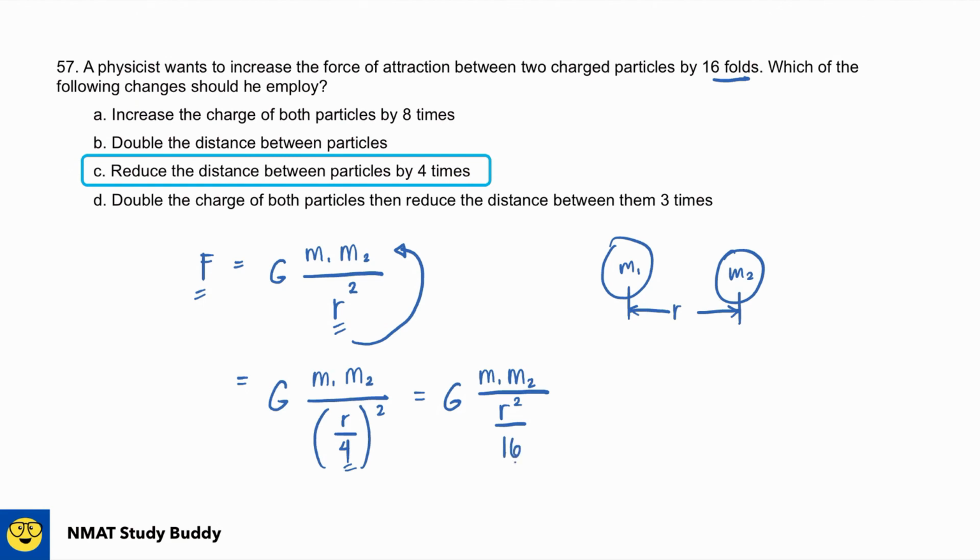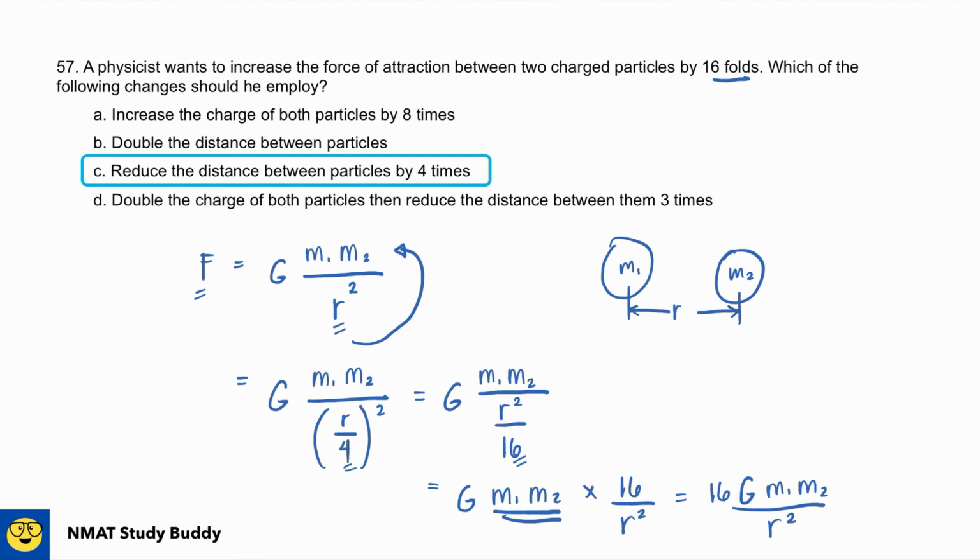And since the 16 is in the denominator of R, we can also write that as G times M1, M2 times 16 over R squared. That is how we divide, right? We take the reciprocal of the denominator, then multiply it to the numerator. So, the answer we get here is 16G, or gravitational constant times M1 times M2 over R squared.